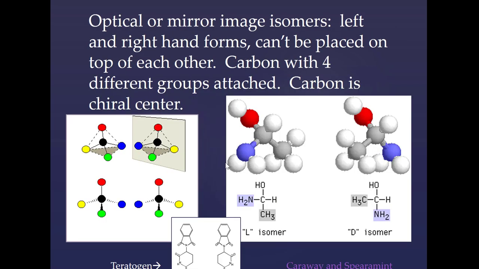And we can even have mirror images. So we can have molecules that look the same if you put them in a mirror, but they are actually completely different molecules. Because there's a left-hand side and a right-hand side, these are often called left and right-hand isomers.